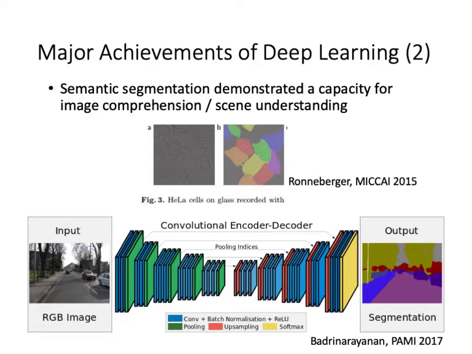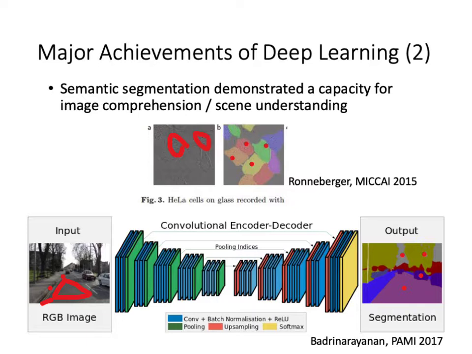The second advance came from a field called segmentation, where deep learning systems were first shown to be able to segment out cells from DIC microscopy, like here, and be able to identify individual cells, and later, when applied to more complex and varied images, being able to label individual pixels as belonging to certain classes, whether they belong to a road, a car, sky, or trees.